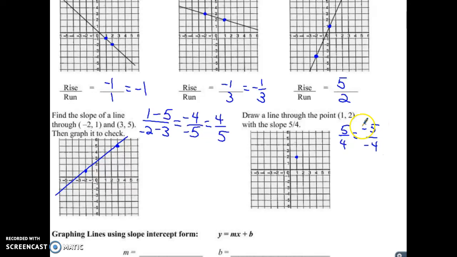So we're going to go down 4, and instead of to the right, we go to the left 4. Down 1, 2, 3, 4, 5, and to the left 4, 1, 2, 3, 4. There you go. We went through the point 1, 2. And if I ran out of room, up 5, over 4, as you can see, this line would continue to hit it.